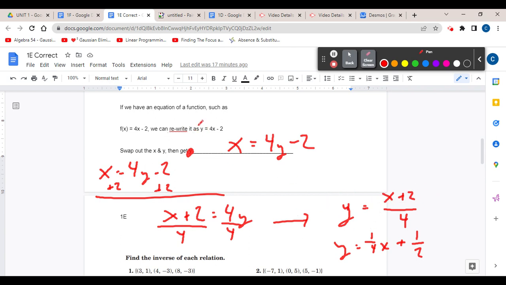So, the inverse of this function, y equals 4x minus 2, if we were to put it in y equals mx plus b form, that would be our slope-intercept form right there, where we have a slope of 1/4 and a y-intercept of 1/2.